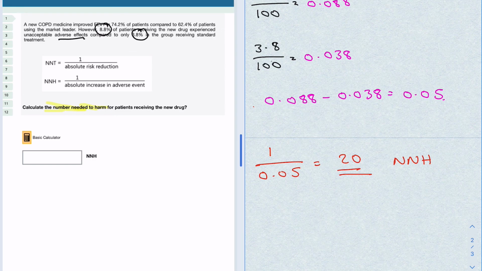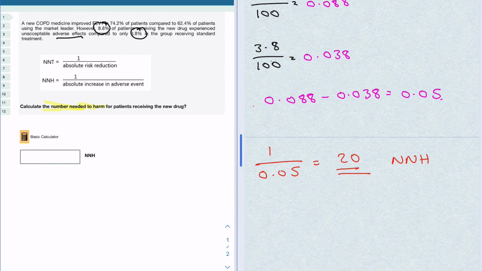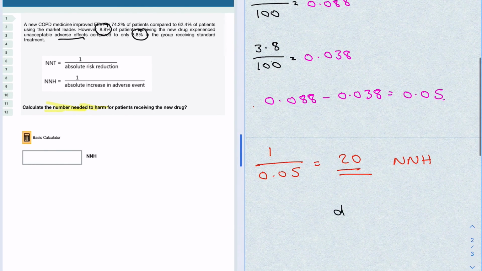The difference is we're looking at the number of people needed to be treated before there's an adverse event, versus the number of people needed to be treated before there's a positive outcome with number needed to treat. Another important point to note is that with number needed to harm, if we get a decimal place answer, then we would round down in this scenario.